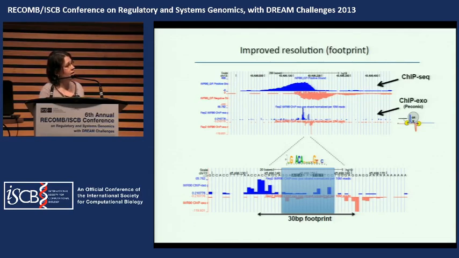What you see here is that we obtain a much higher resolution, and the signal is much more peaky and restricted. If we zoom into this region, we can see our GR motif and the reads in the forward and reverse strand forming a border around it.